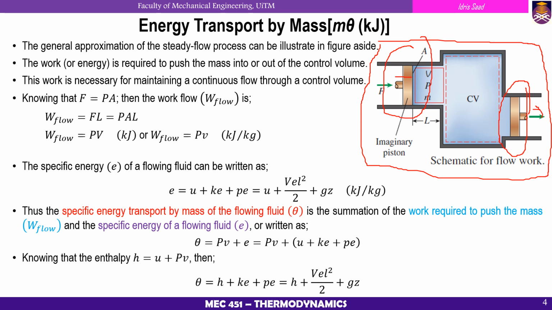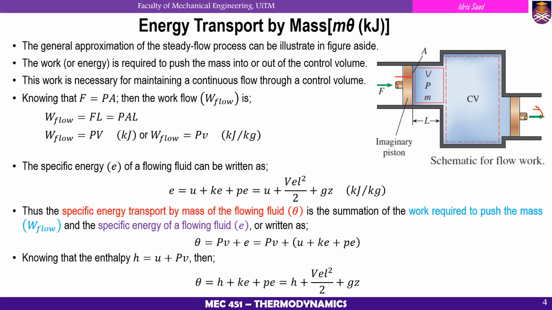Remember that the force acting through a distance is the work done on the piston. Therefore, that work is known as the work required to push the mass into or out of the control volume. This work is necessary for maintaining a continuous flow through a control volume.